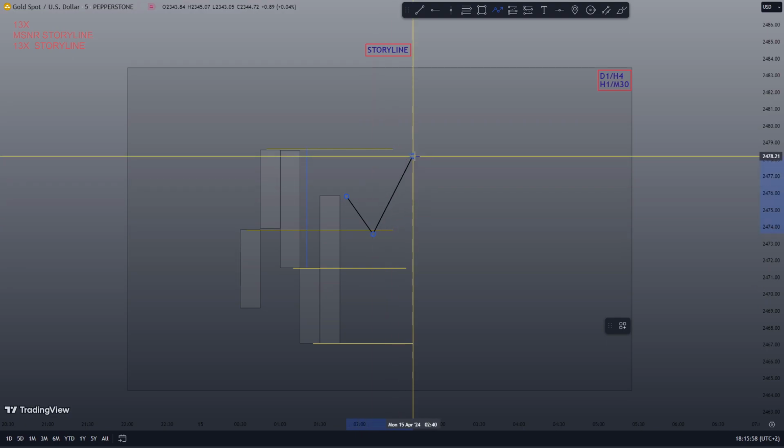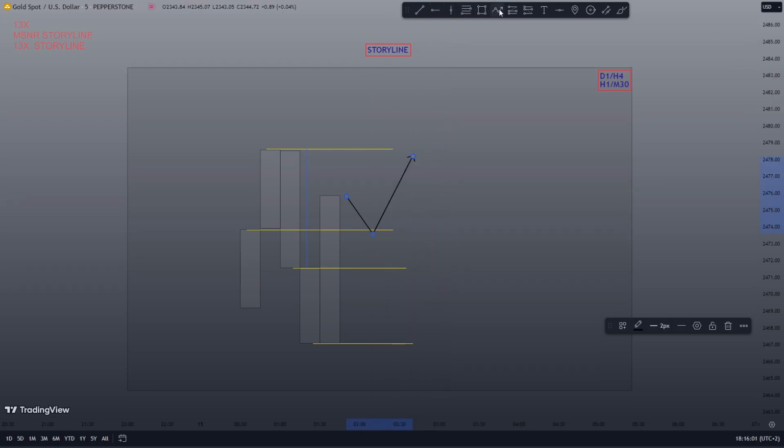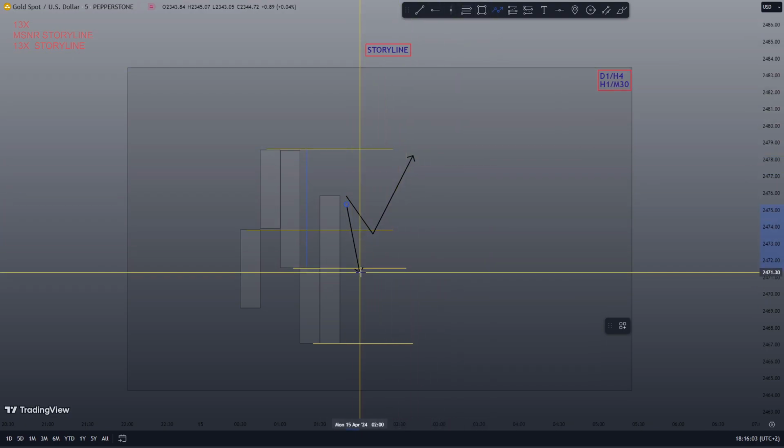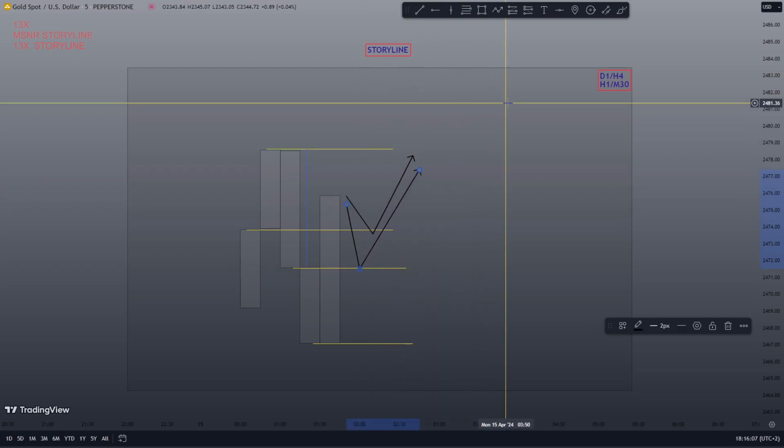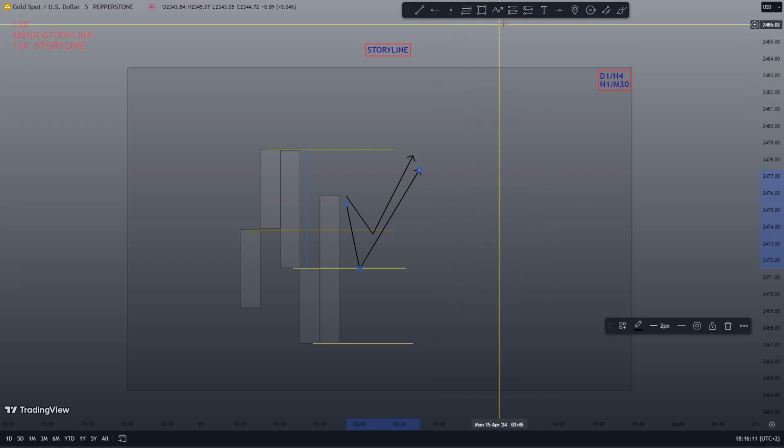Which level? We don't know yet, but using 13x entries, we will know which level price will react from.